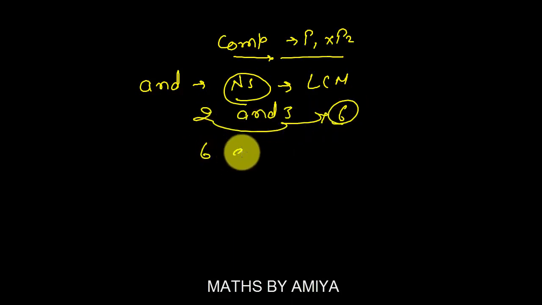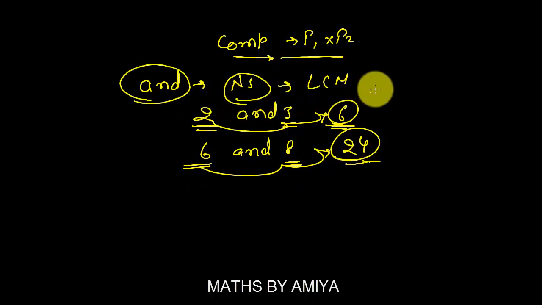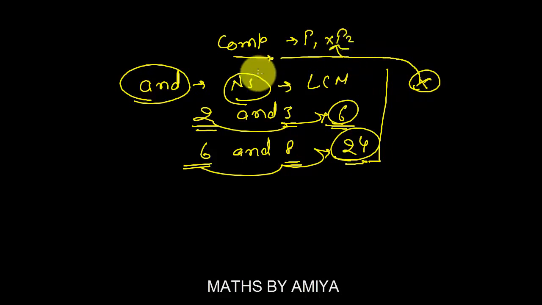If we want 6 and 8, we are looking for 24. In number system, AND is nothing but LCM. In permutation and combination, AND is nothing but multiplication. So whenever we have multiplying in our factors, we use LCM when working in the number system.